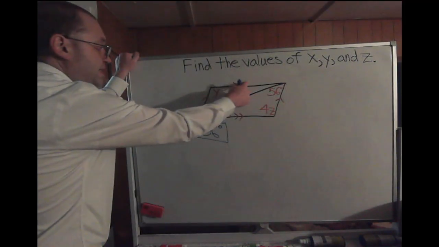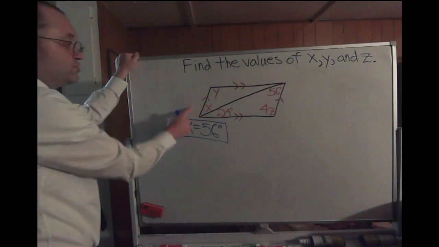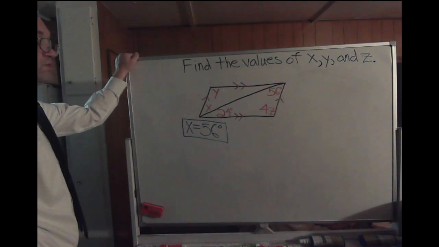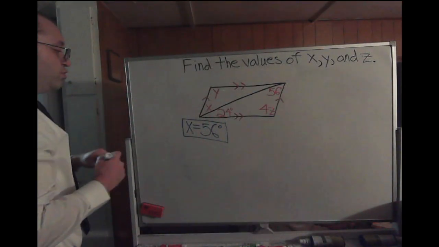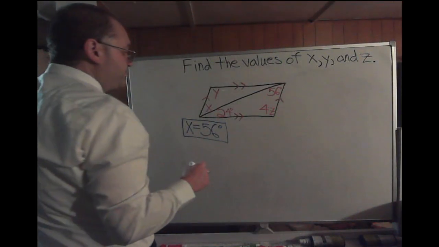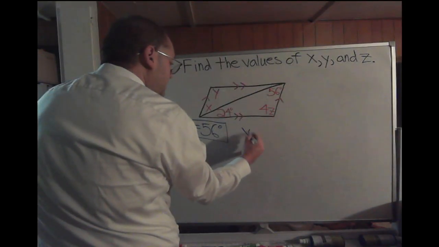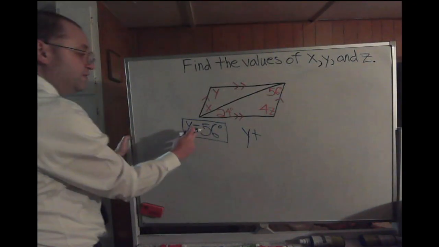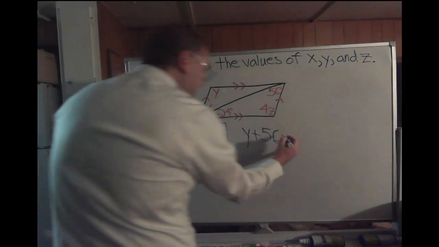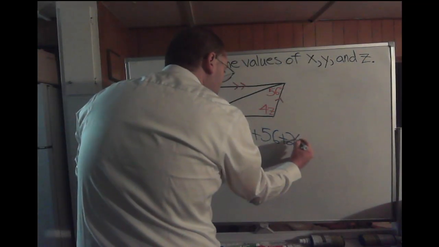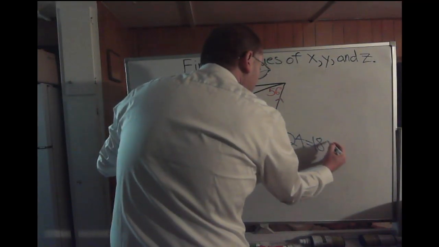Because the top line's parallel to the bottom line, and then the left side is your transversal between those two. So we're going to have to do a little bit more math here. So y is supplementary. You're going to take y plus, what was your value of x? That was 56 plus the 24. And since they're supplementary, you'll set them equal to 180.